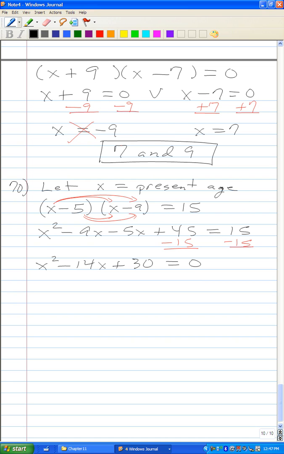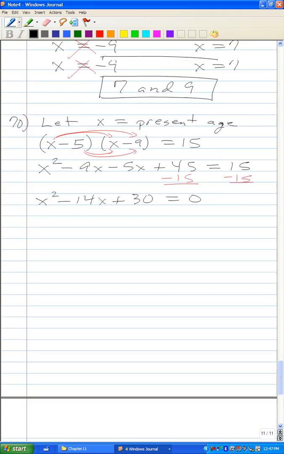So why don't I use the quadratic formula? Let me use the quadratic formula.